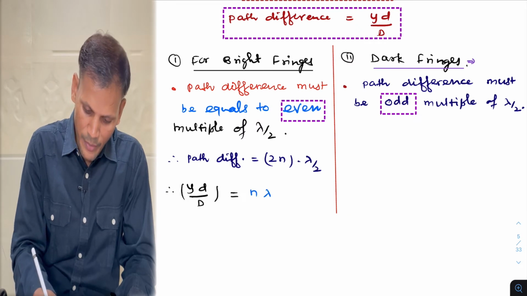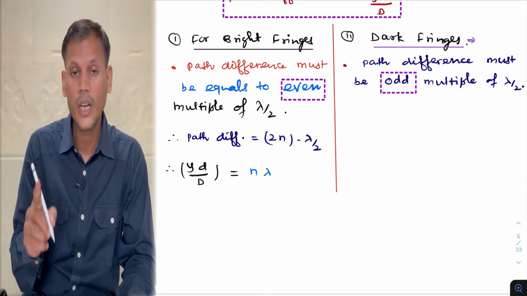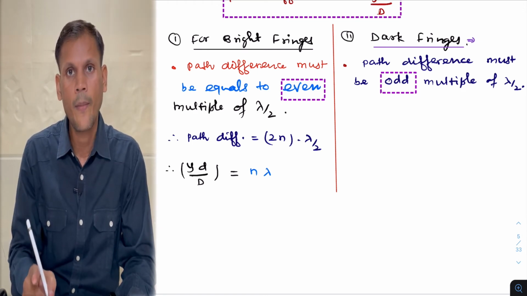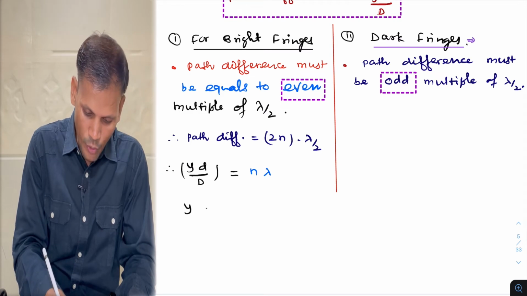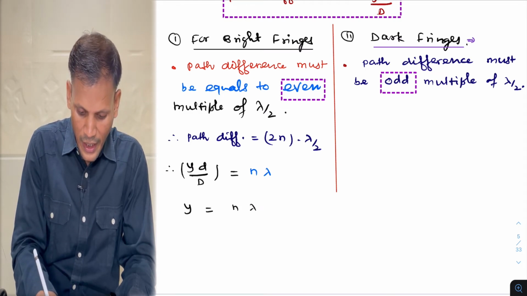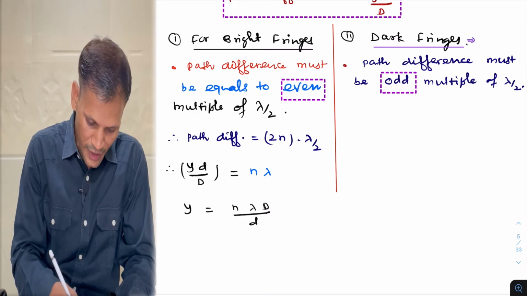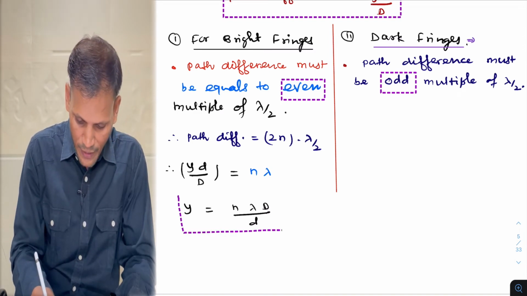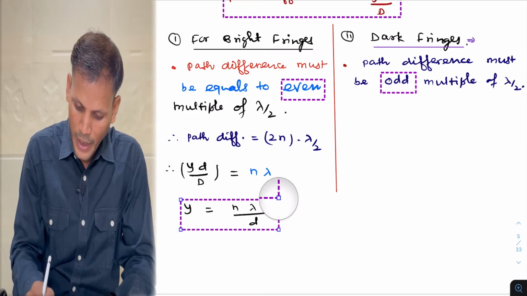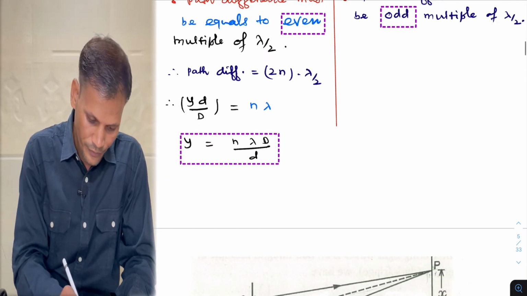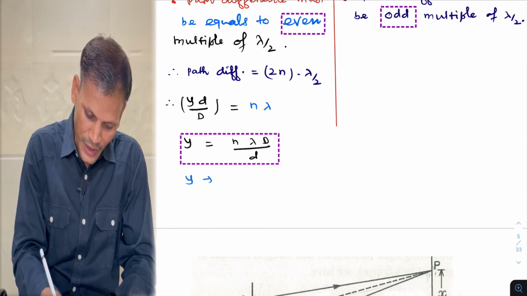So if we have to calculate fringe width, y is to be calculated. So fringe width y is equal to n lambda capital D by small d. This is a very important formula and the condition for the bright fringes, where y is the fringe width.